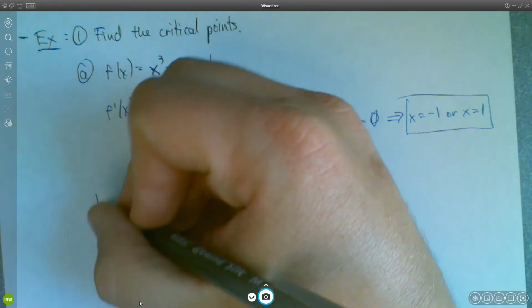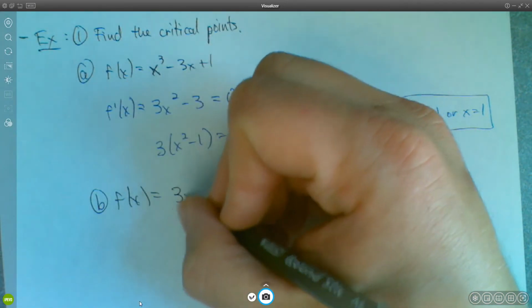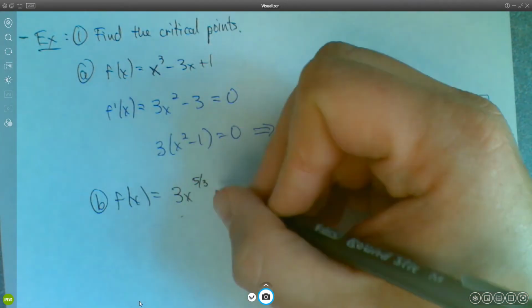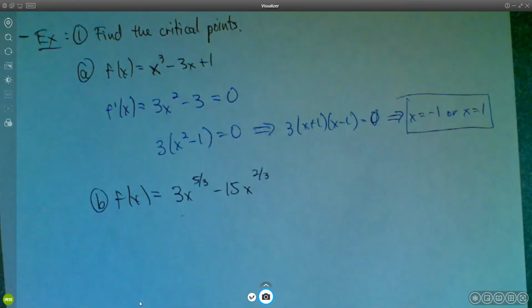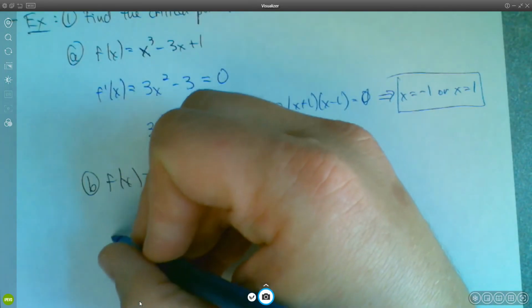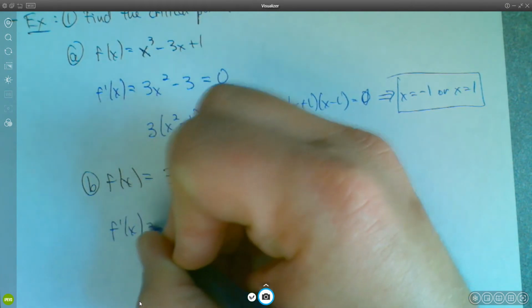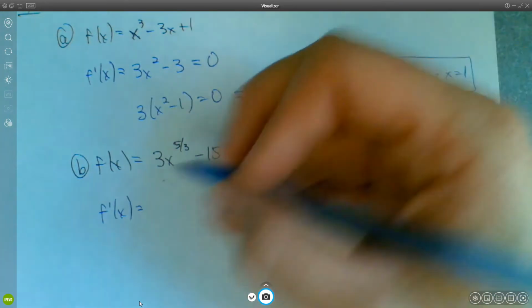Here's another example. Let's do this for f of x equals 3x to the 5/3 minus 15x to the 2/3. Let's find the critical points. So again, I'm going to start off by taking the derivative. 3 times 5/3 would just be 5, right?